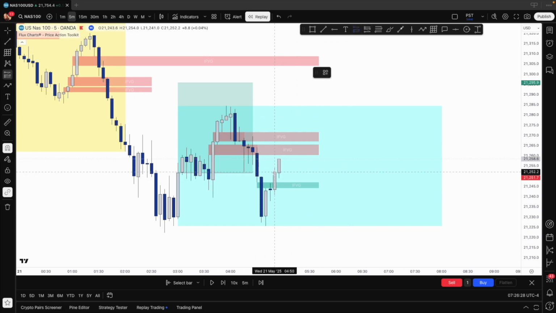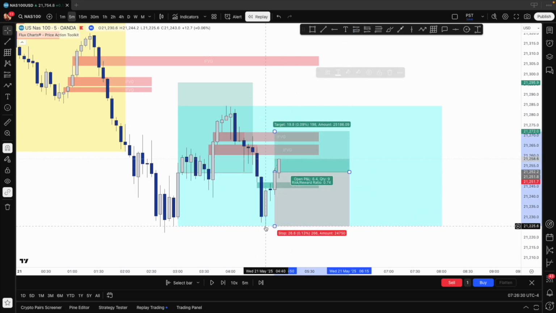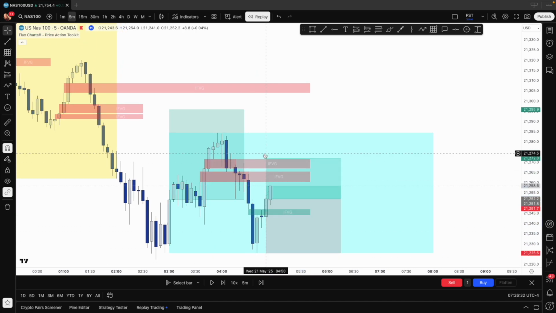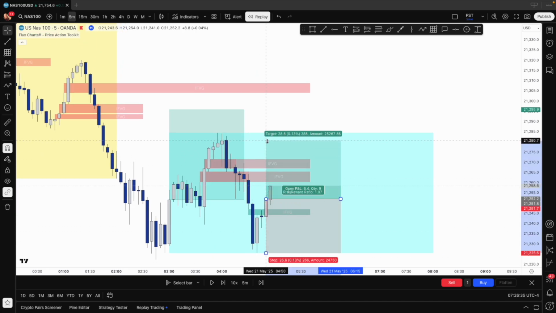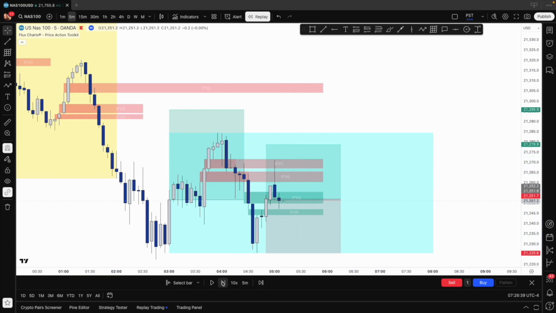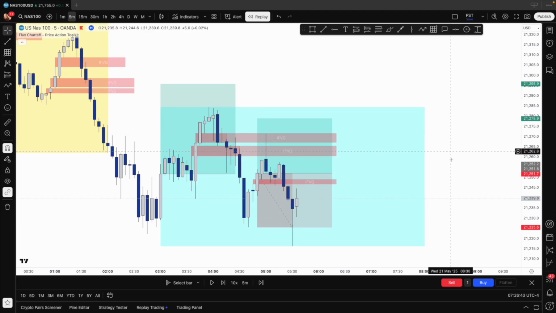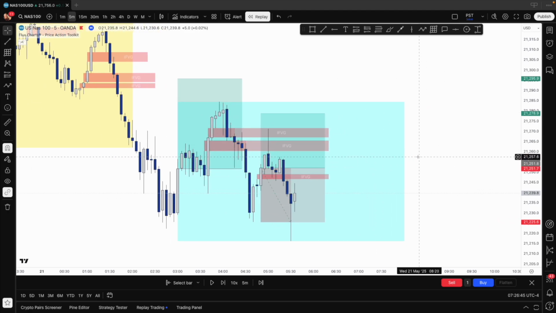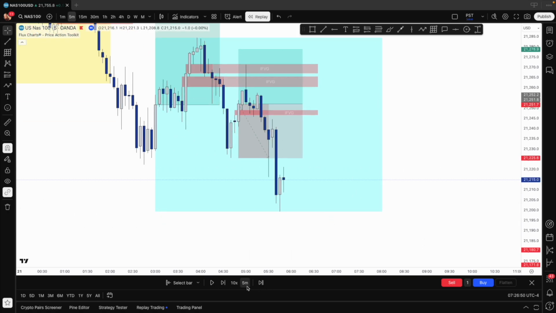So we got our entry right over there. Stops below the low. Target a 1.1 for a break even. And we got stopped out, so we're down 1. Let's see if we get another entry.